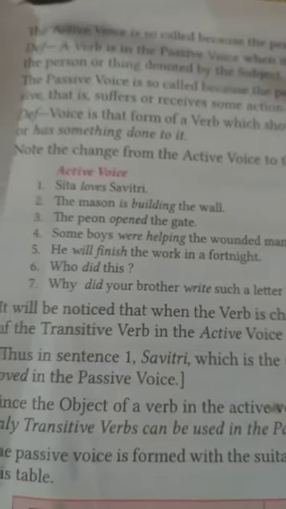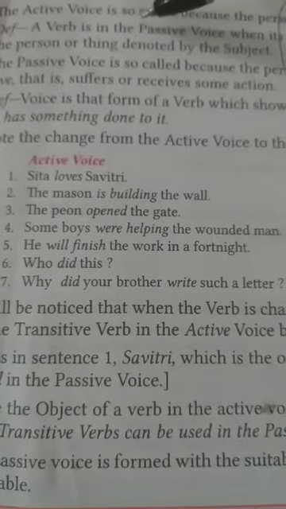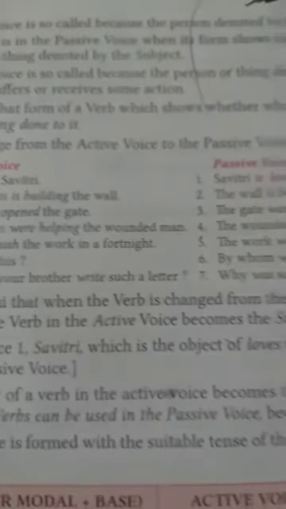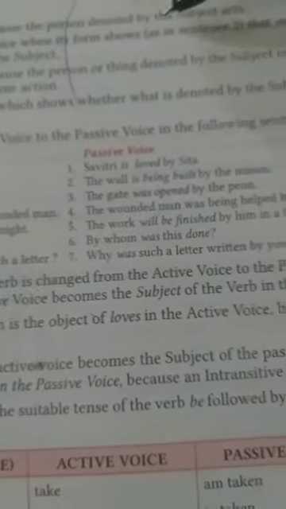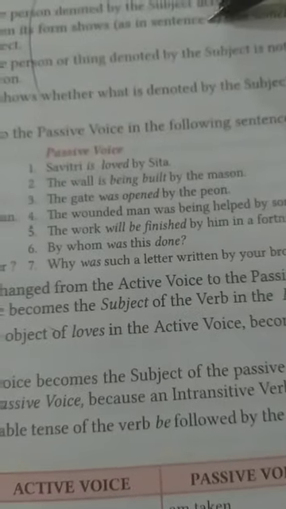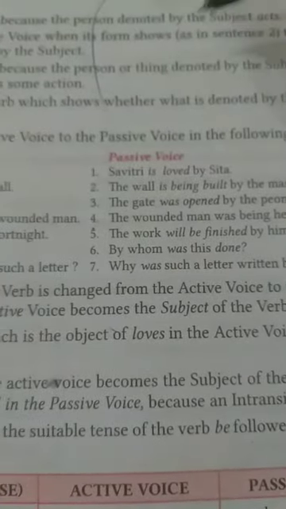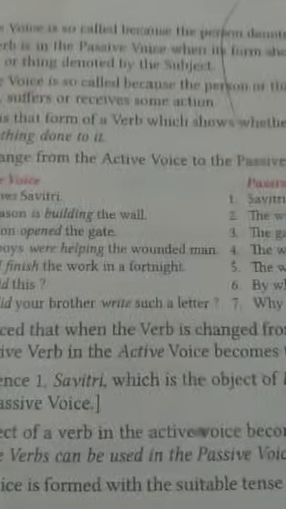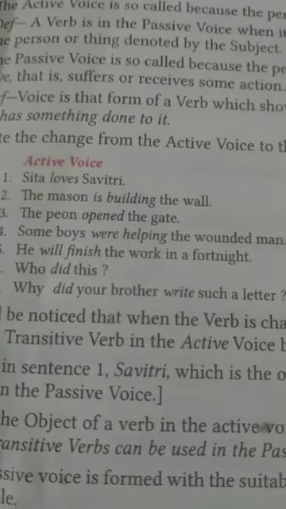Okay, so we see a verb is in the passive voice when its form shows, as in sentence 2. What was sentence 2? Hari is helped by Rama. So here we can say that it is in passive voice.